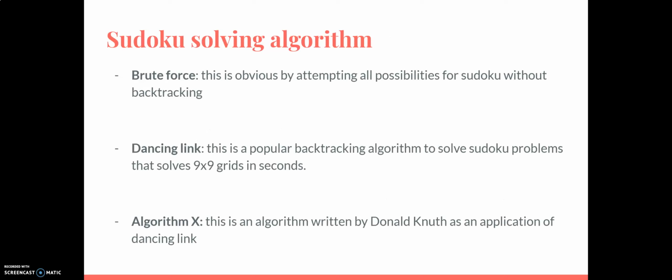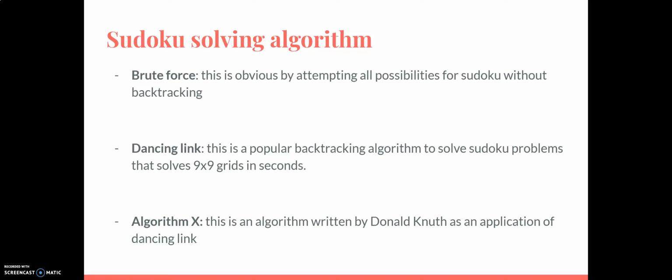So there are multiple algorithms for solving a Sudoku puzzle. Obviously, we can go about this with brute force. It's obviously the worst possible thing we can do. The efficiency is pretty horrible, which I'll go over in the next slide. One of the most popular algorithms is dancing links. It can solve that 9x9 grid in seconds.